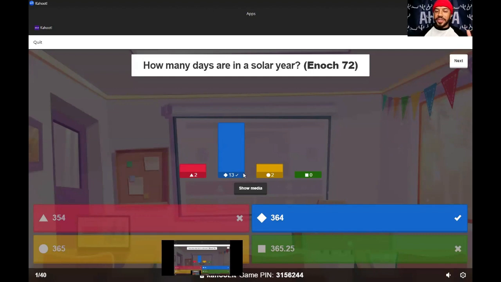The answer was 364. We find this in Enoch 72, which is the chapter that gives the lunar circuit, the solar circuit of the year.